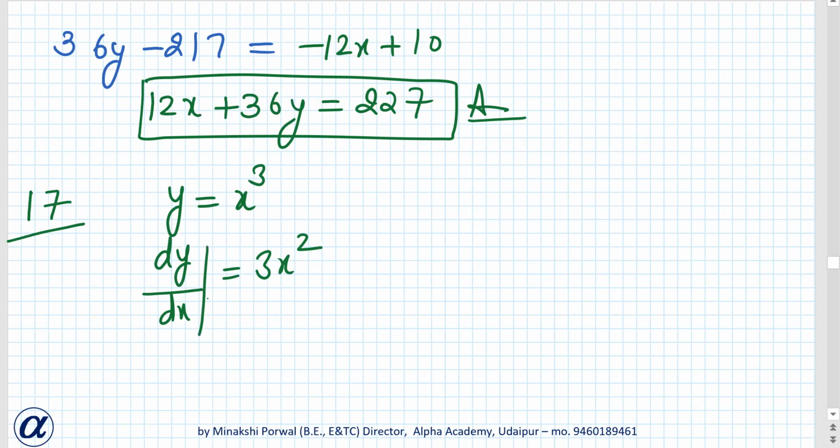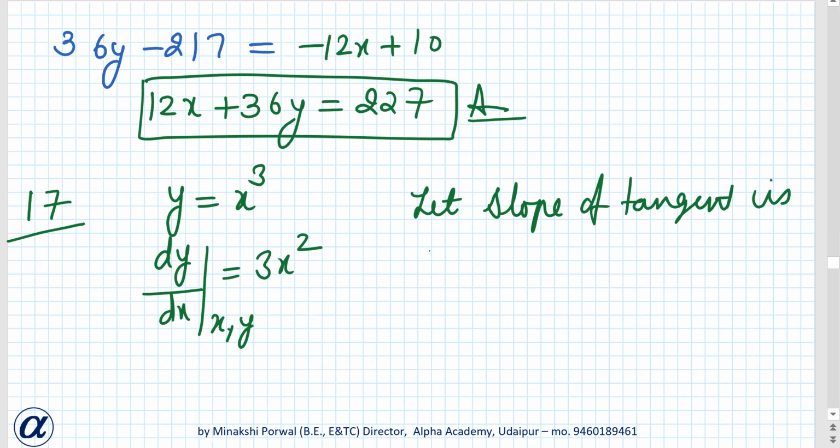Let the point at which the tangent is drawn be x comma y. Then the slope of tangent is equal to the y coordinate of the point.